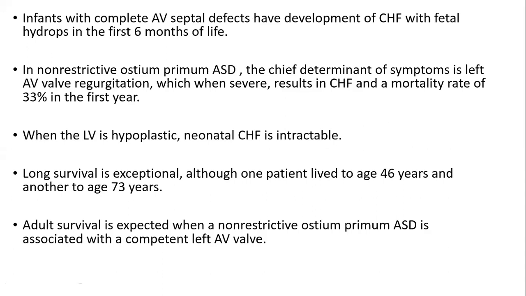Roughly it is around 40 to 45%. I'm telling you, for the exam, the rule of 40 is very famous. You find it in a lot of pediatric textbooks. You must be aware of this.